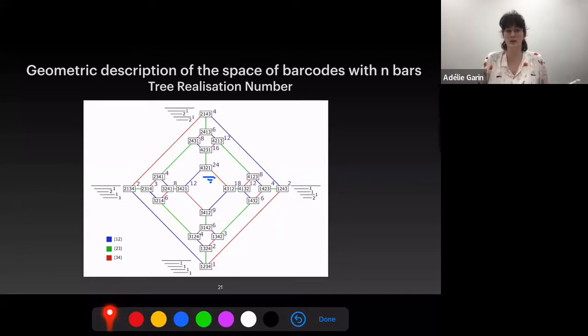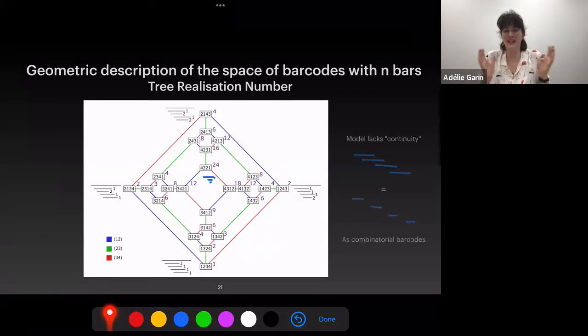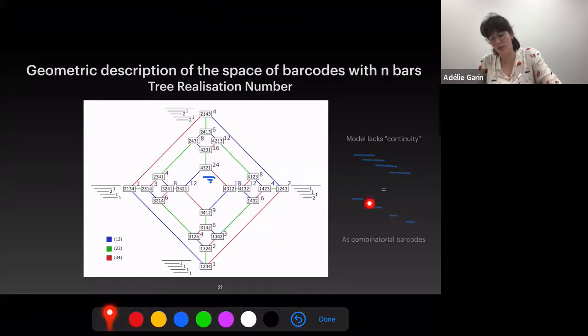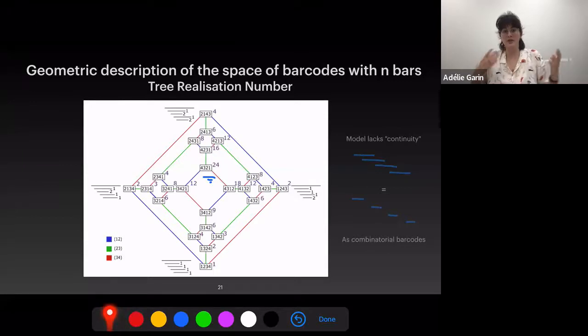So there are a lot of interesting properties, but the problem with this model using the Cayley graph and the symmetric group is that it's kind of discrete and lacks continuity. For instance, these two barcodes both have the identity permutation, so they're all here. You have several barcodes within the same vertex. We would like to get something a little bit more continuous, and think also about what happens if you start switching a death.